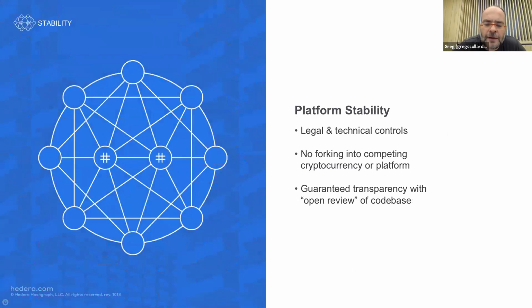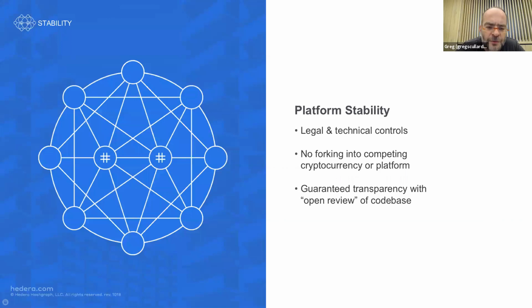So finally, the stability of the platform is the fourth tenet that is of importance to global adoption. Our governance will offer legal and technical controls, which will ensure the platform will meet global regulatory requirements.